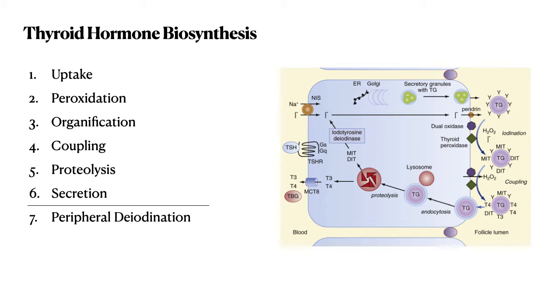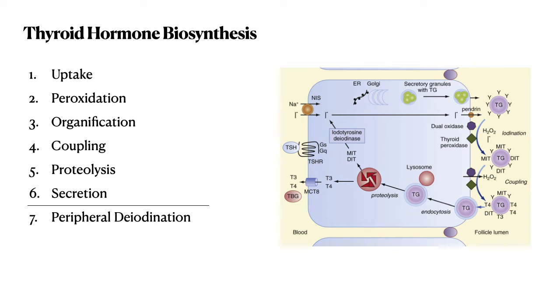So the MIT, monoiodotyrosine, and the DIT, diiodotyrosine, are still part of the thyroglobulin molecule. They will then fuse together. So you have one iodine in MIT and two iodine residues in DIT.